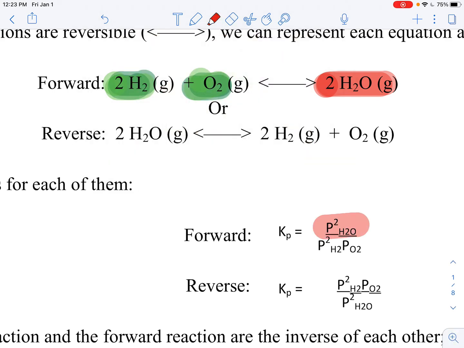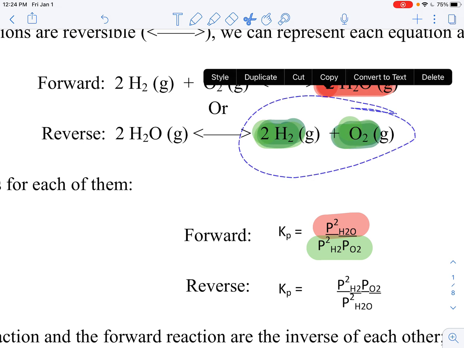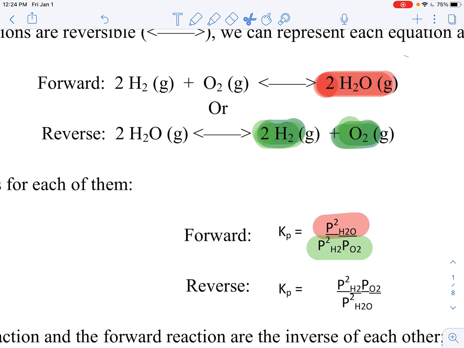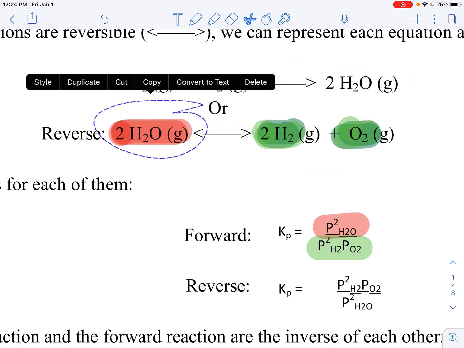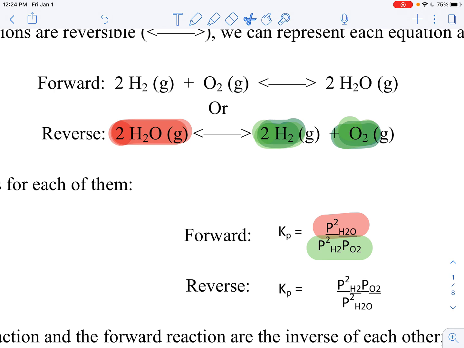So basically what we've got here is the red products over here and the green reactants over here like so. But now what we're going to do is flip it. And when we flip it, those all go over to the other side, and these all go over here. So not surprisingly, the red water ends up on the bottom, and the green hydrogen and oxygen ends up on the top over here because we have reversed it.